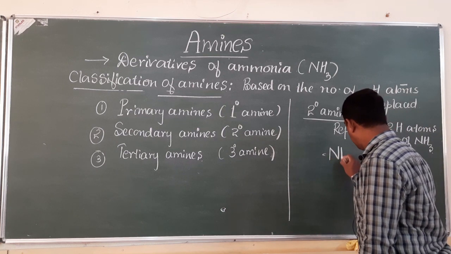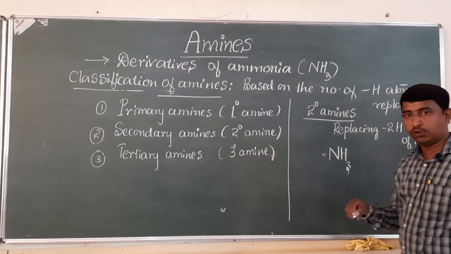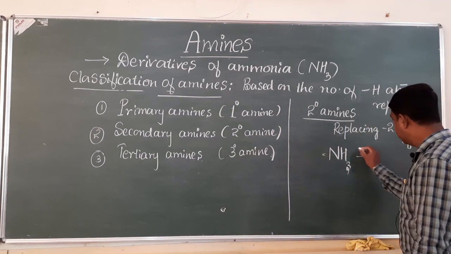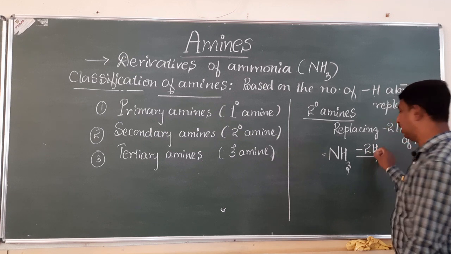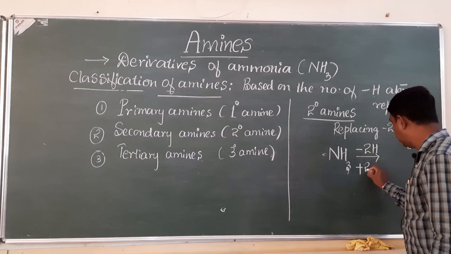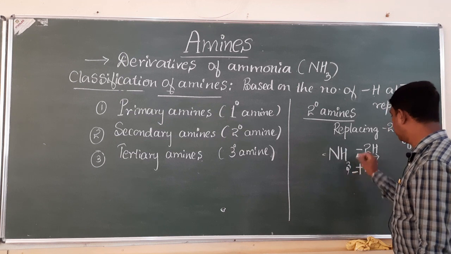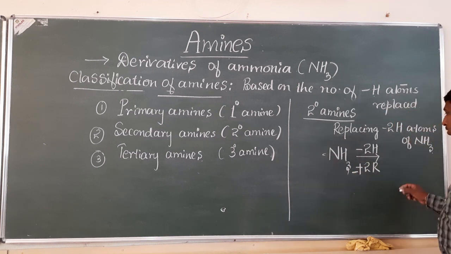So NH3 is ammonia. I have to take out two hydrogen atoms, and in the place of the two hydrogens, I have to write two alkyl groups.